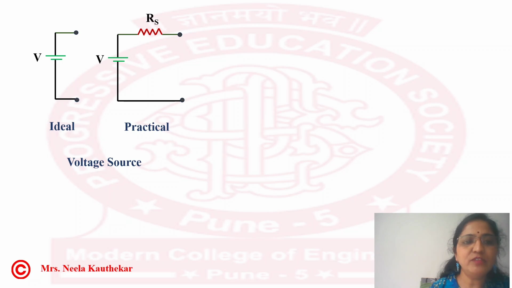Theoretically, we consider that the voltage source has internal resistance 0. But it does have internal resistance, which is in series with the voltage source. As it is in series, we denote it by RS. So this is the practical circuit of a voltage source.